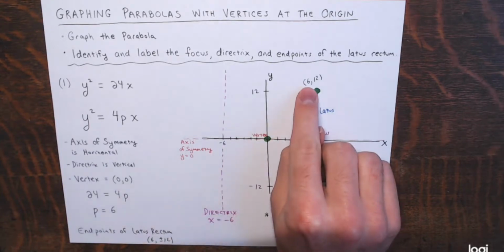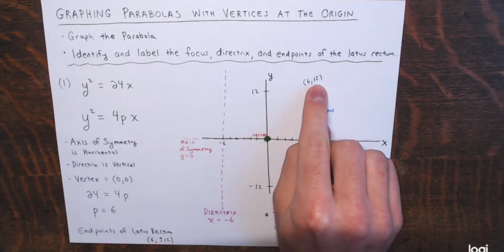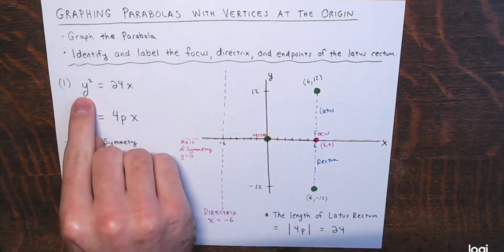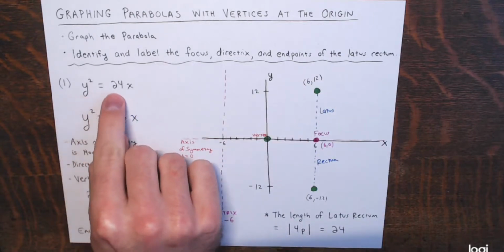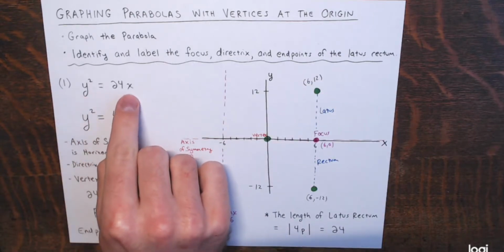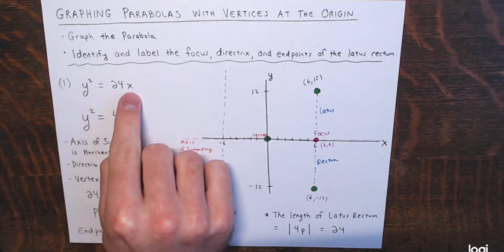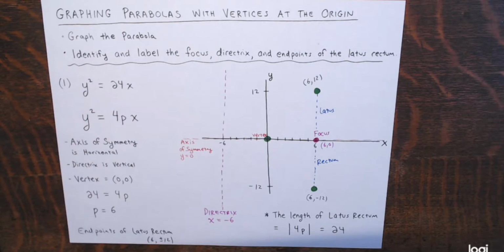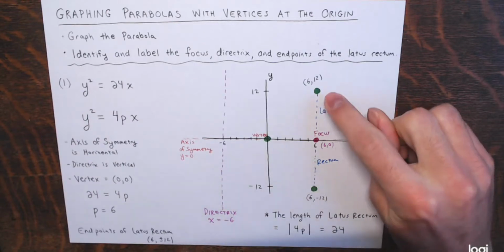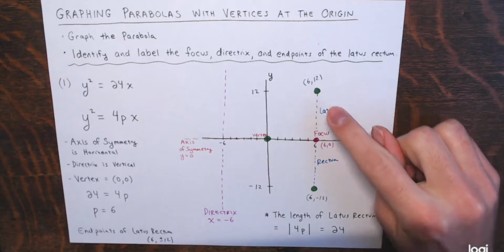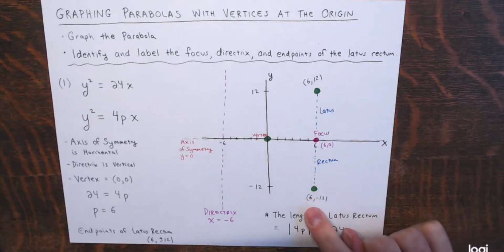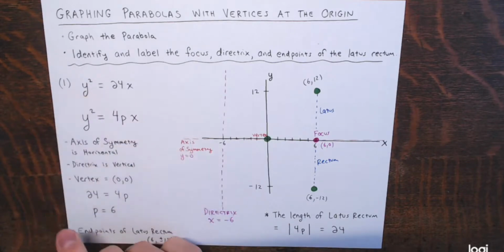If x were 6 and y were 12, you'd have 12 squared equals 24 times 6. Well, 12 squared is 144, and 24 times 6 is also 144. So that's true. This is a solution of the equation. And so is this other endpoint. Put in 6 for x, negative 12 for y, and again you would get 144 equals 144.